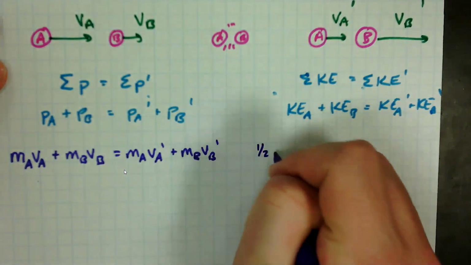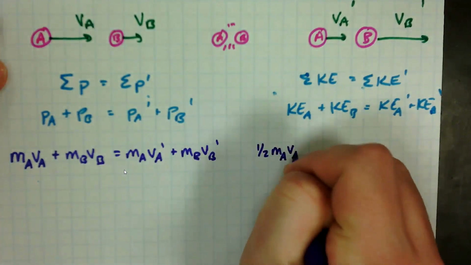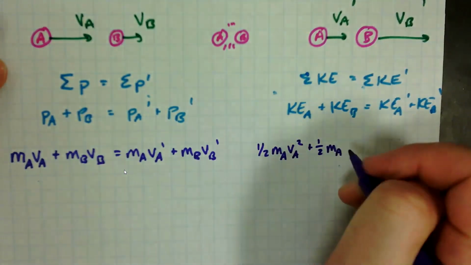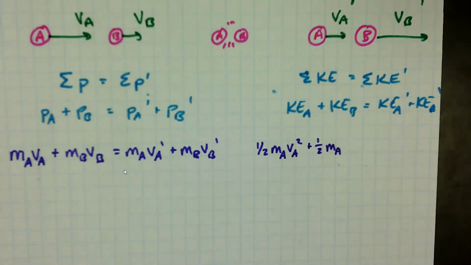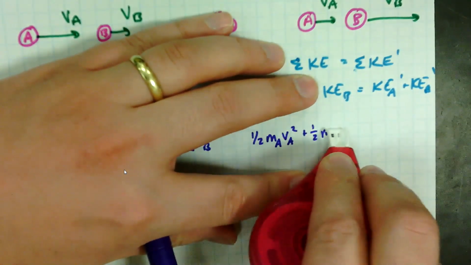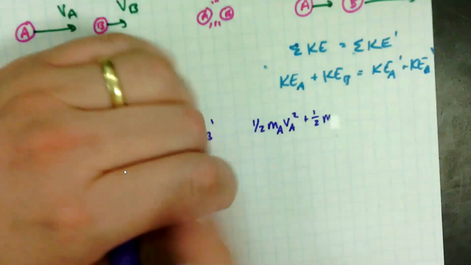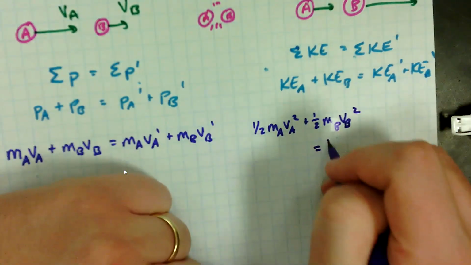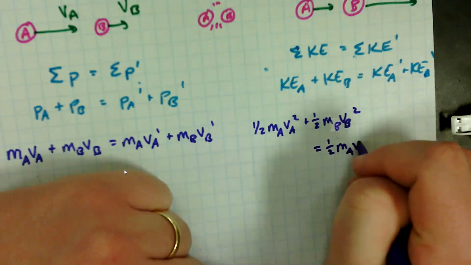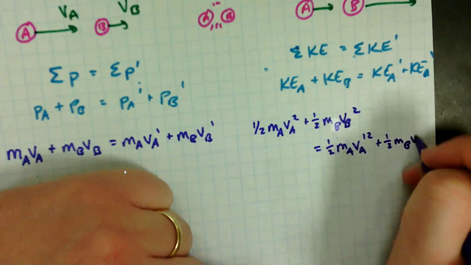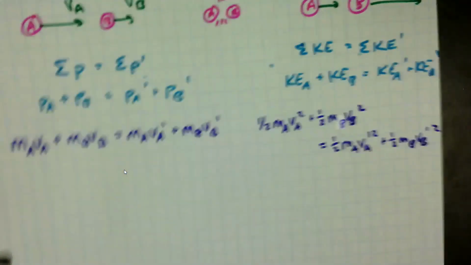And this is 1/2 MAVA squared plus 1/2 MBVB squared equals 1/2 MAVA prime squared plus 1/2 MBVB prime squared.